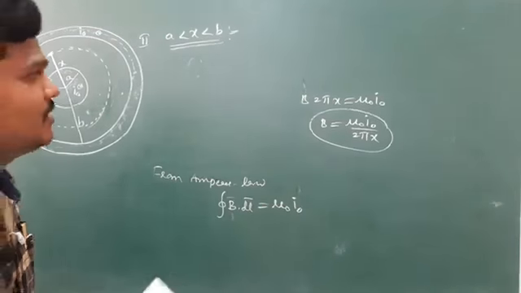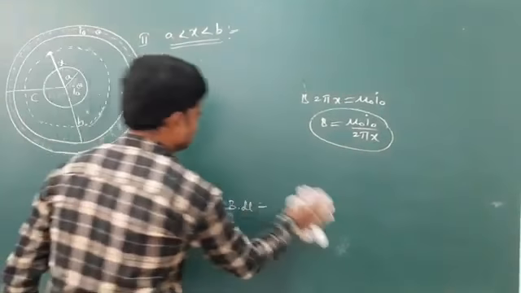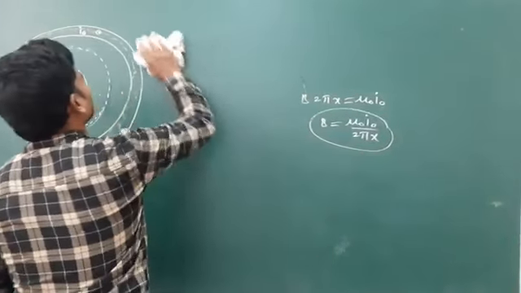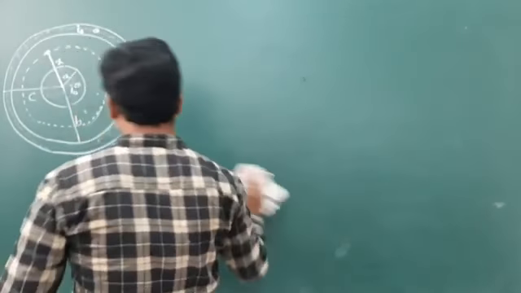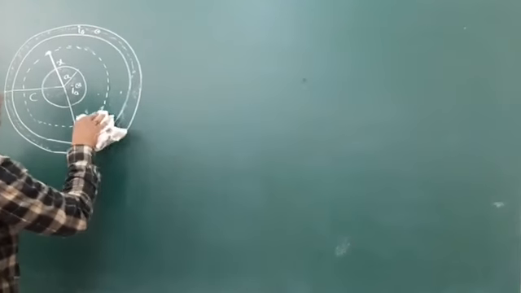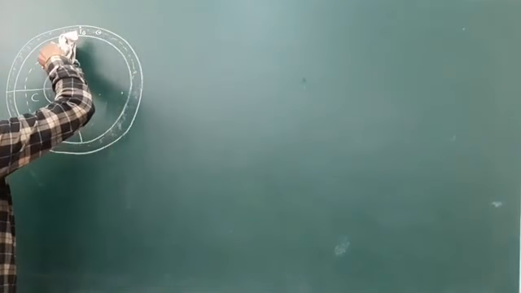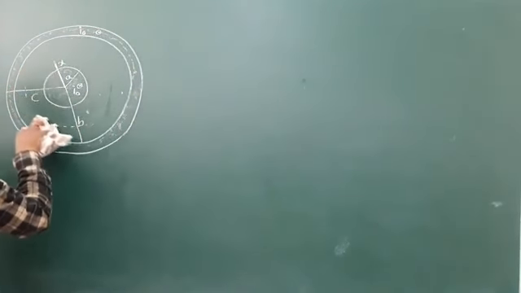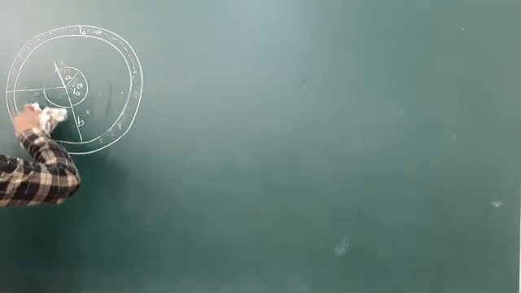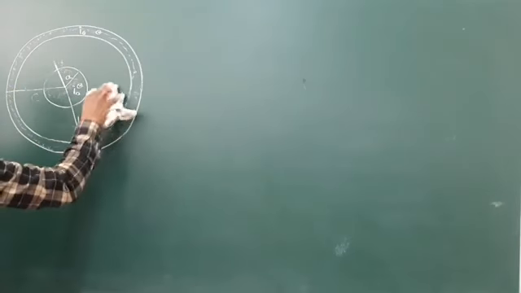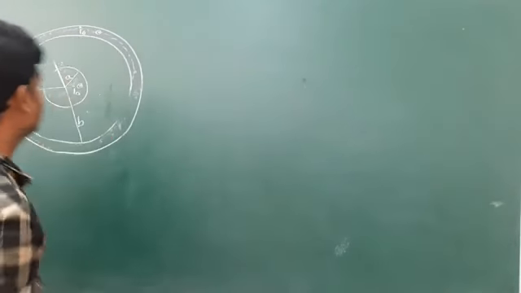Now let us go for the third condition. In the third condition, identify how much current is there in that Amperian loop. The second one is easy, but see the third condition.